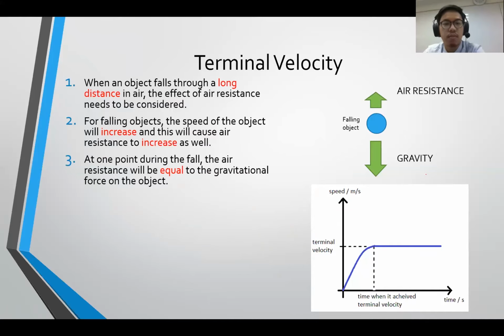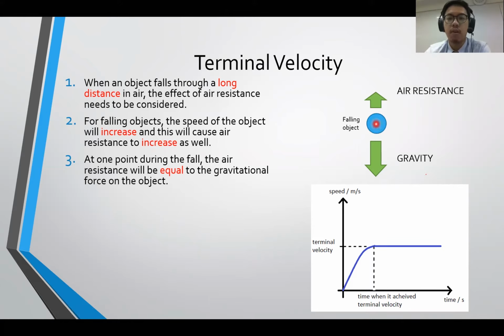Number three, at one point during the fall, the air resistance will be equal to the gravitational force on the object. If you look at this diagram on the right here, you have a falling object, which is that circle there. When an object is falling, gravity is acting on it, and also air resistance is acting on it.